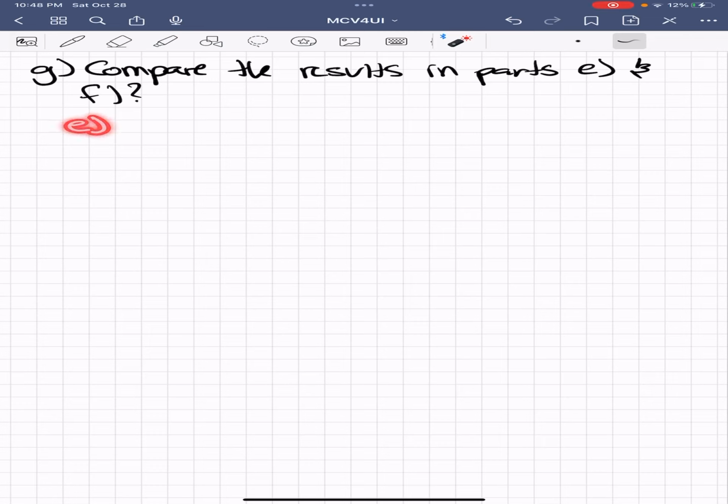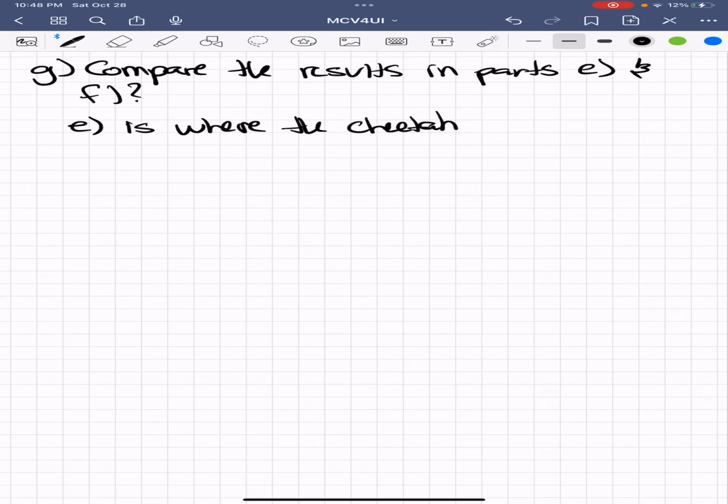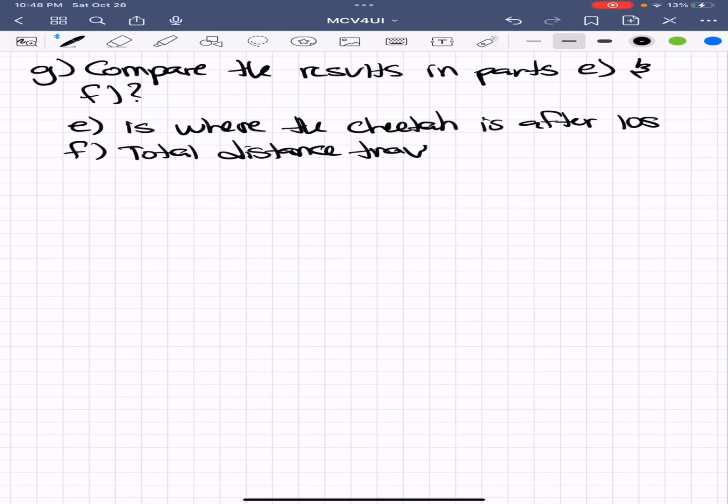So E is where the cheetah is after 10 seconds. F is the total distance traveled by the cheetah.